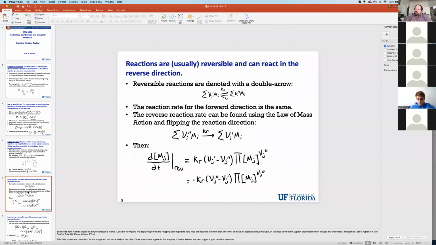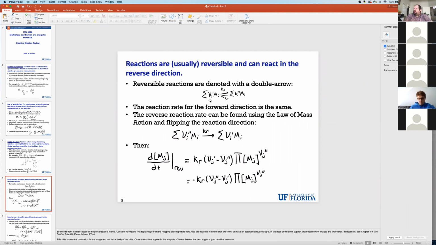Okay. Now, before we go to our example, we'll just say that elementary reactions are usually reversible, which means they can react in the reverse direction. And we used this notation a bit when we were describing chemical equilibrium. Reversible reactions are denoted quite often with a double arrow.